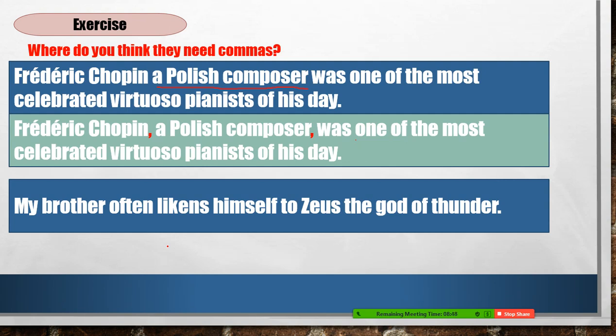My brother often likens himself to Zeus, the god of thunder. My brother, often likens himself, where is the non-essential part that you need to exclude with the comma?